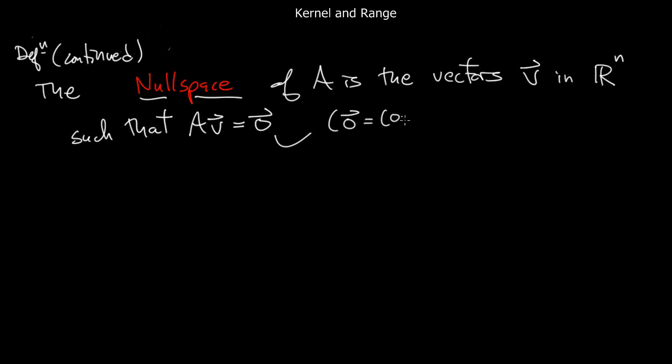And this 0 is the 0 vector in Rm, because when you multiply an n vector by this m by n matrix, you get an m vector.